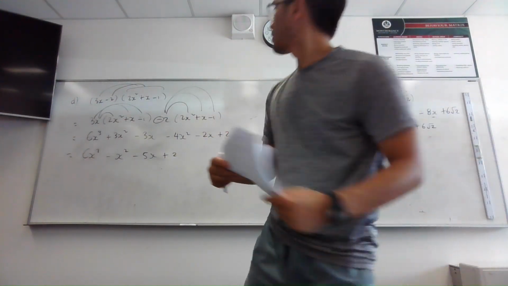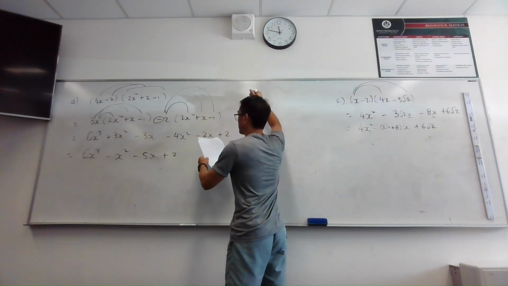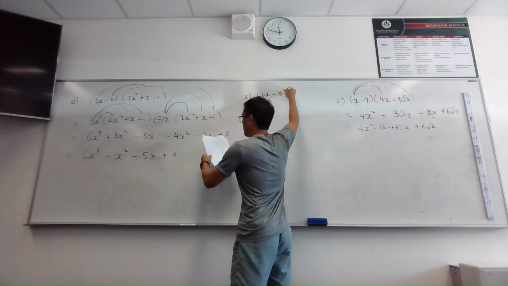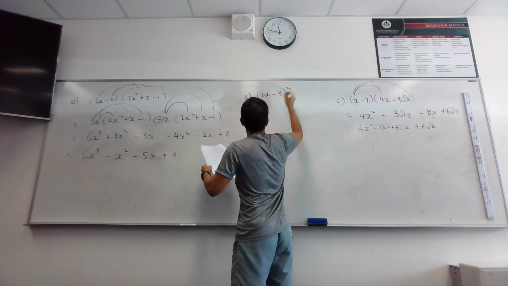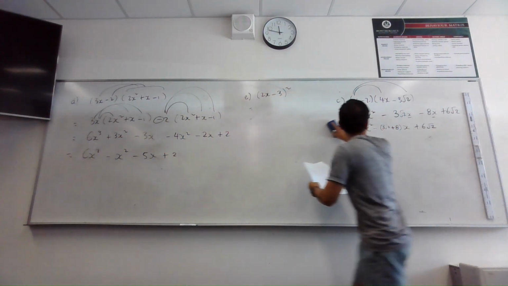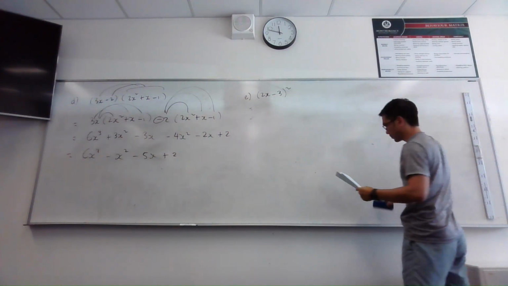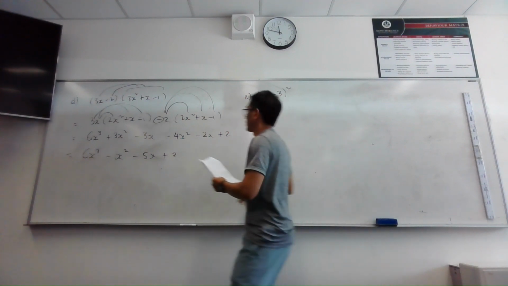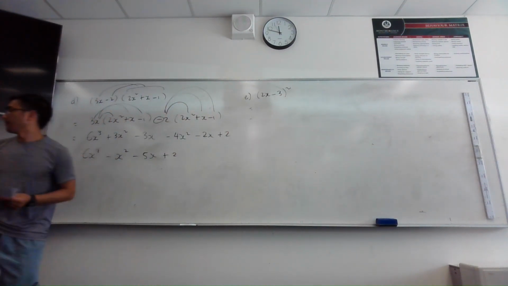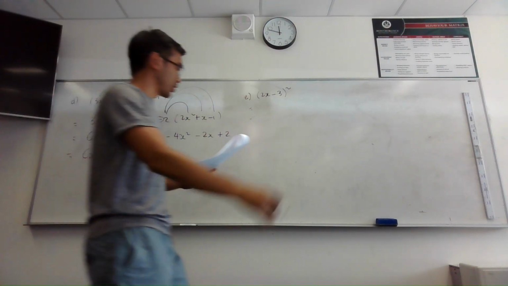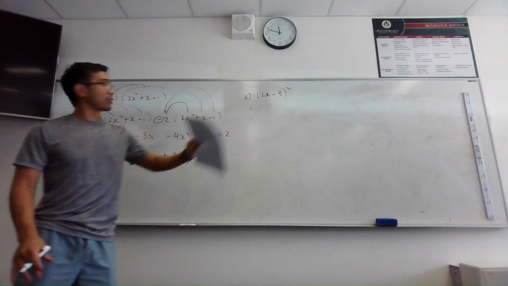Okay. Let's go to E. Now, feel free, if you kind of know this, go straight into the questions. 2x minus 3 squared.